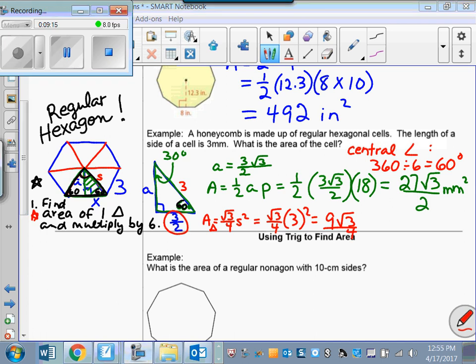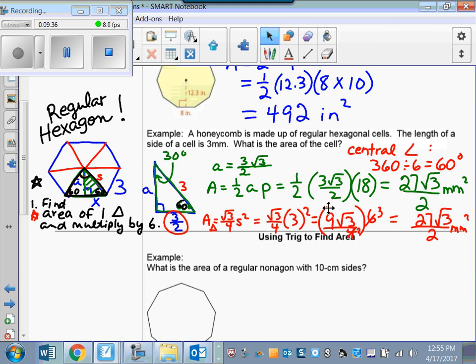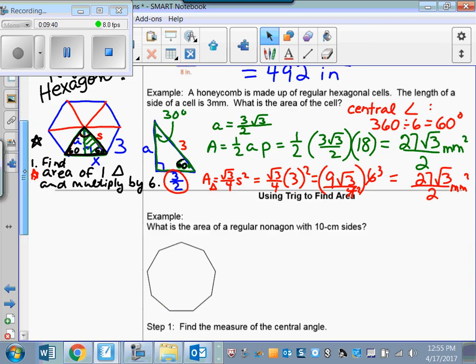So that's the area of one triangle, but I got 6 of those, so I need to multiply that by 6. Let's see, 2 goes into that 2, 2 goes into that 3. So if I do it this way, I still get 27 times the square root of 3 over 2 square millimeters. So please remember that nice little fact about a regular hexagon and finding the area.